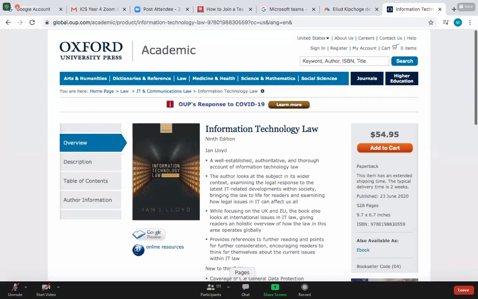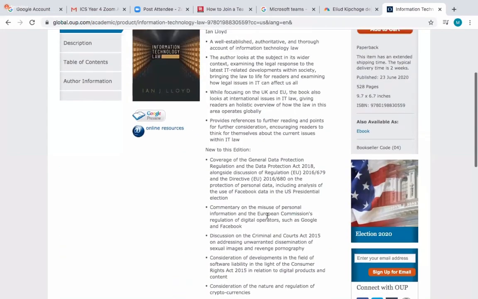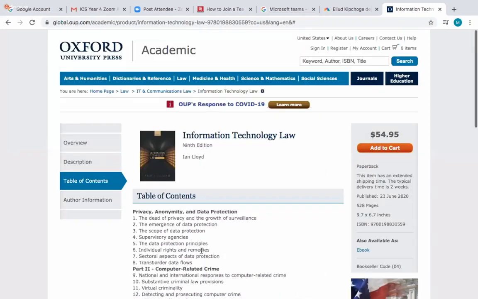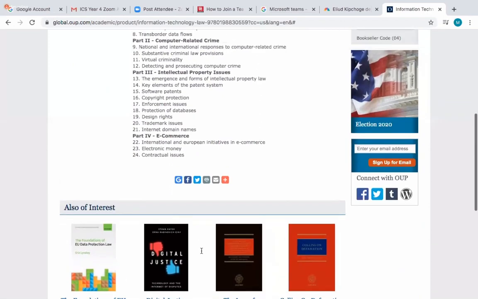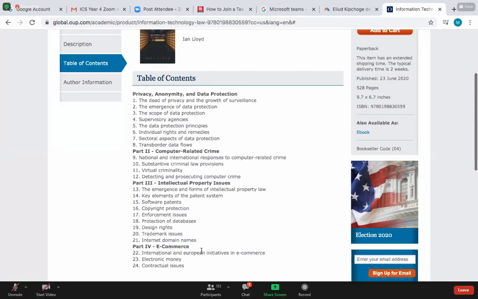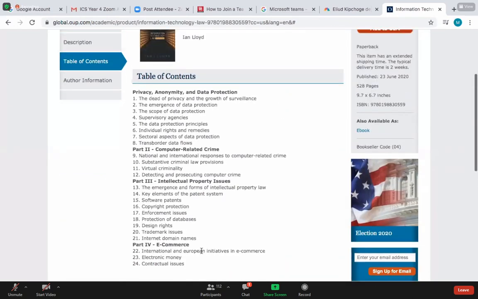So, for example, this is Oxford Press, of course very rich and authoritative. If you look at the chapters in this book, I can give you an impression of what it's all about. Privacy, anonymity, and data protection, computer-related crimes that I have mentioned, intellectual property issues that we're going to look at, and e-commerce. So this is what the book entails, 24 chapters.